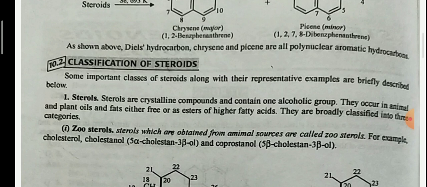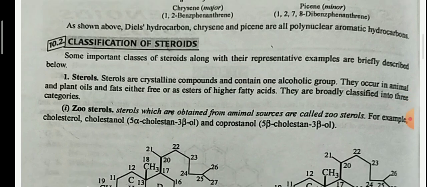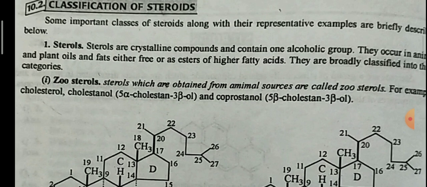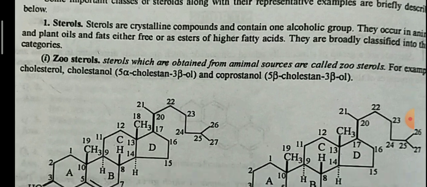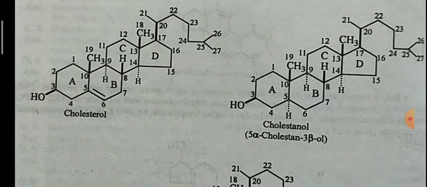They are broadly classified into three categories: zoosterols. Sterols which are obtained from animal sources are called zoosterols. For example, cholesterol, cholestanol (5-alpha-cholestan-3-beta-ol), and coprostanol (5-beta-cholestan-3-beta-ol). The structures of these compounds are given below.